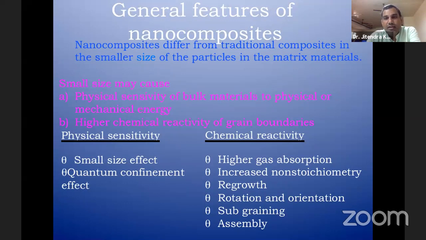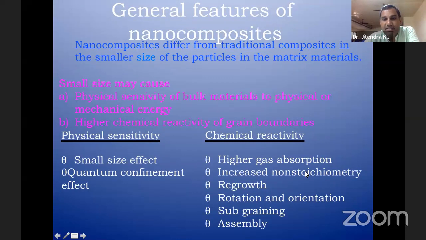Due to the mixing of a smaller size, it may cause physical sensitivity, or higher chemical reactivity of the grain boundaries, because we know all the grain boundaries have the highest energy in any material. So physical sensitivity means small size effect, quantum confinement effect.